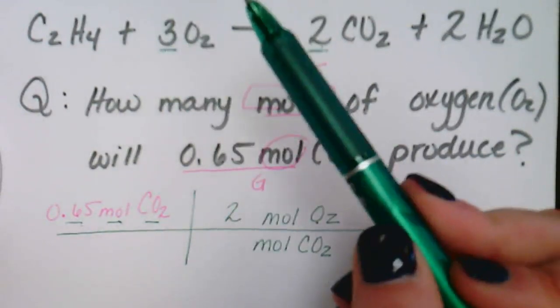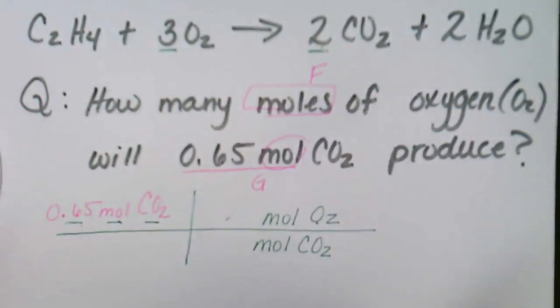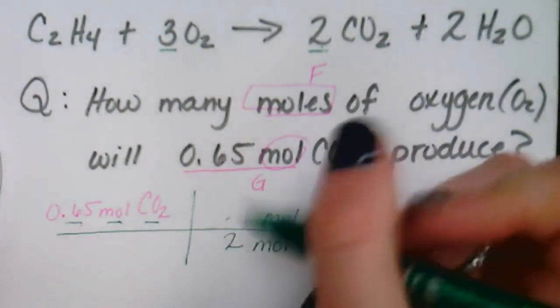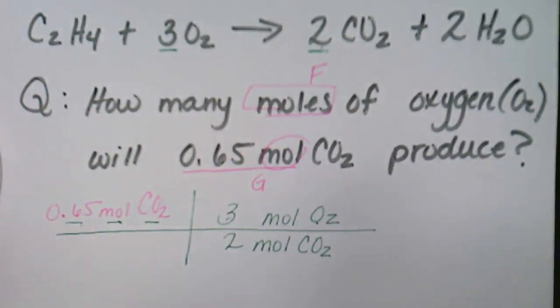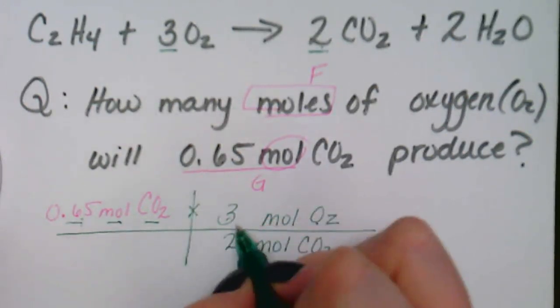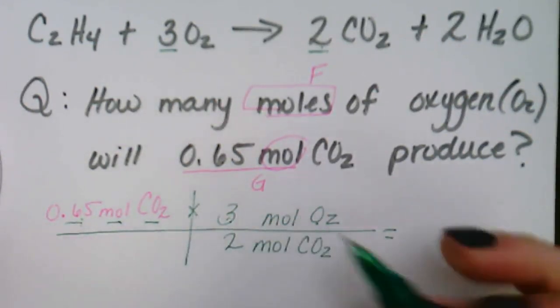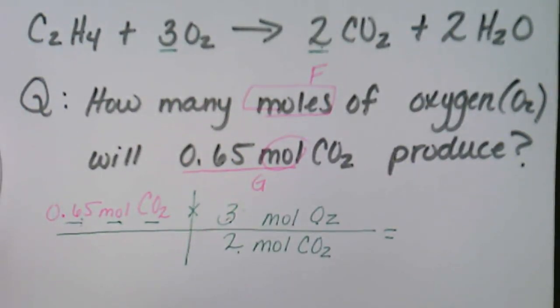How many moles of CO2 do I have? Excuse me, that's 2. How many moles of O2 do I have? That's 3. Okay, now you have to plug it in your calculator. 0.65 times 3, because it's on the same level, just like when we used to do triangles, divided by the number that is on the bottom.